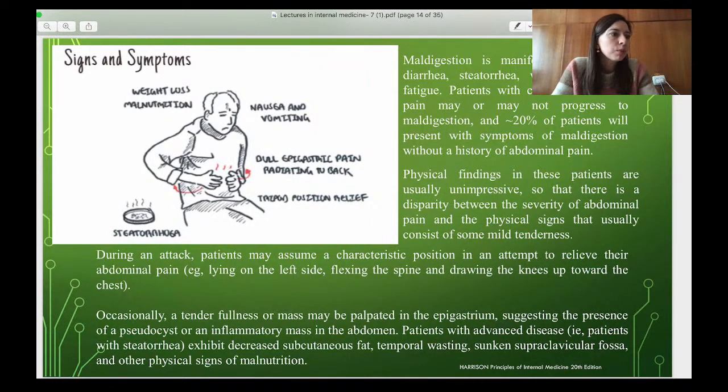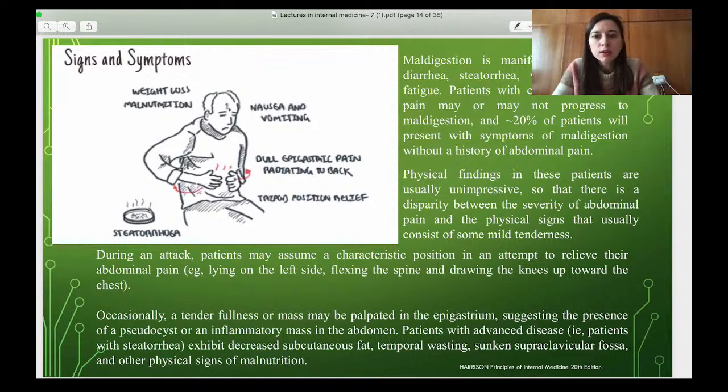Patients with chronic abdominal pain may or may not progress to maldigestion. And 20% of patients will present with symptoms of maldigestion without a history of abdominal pain.